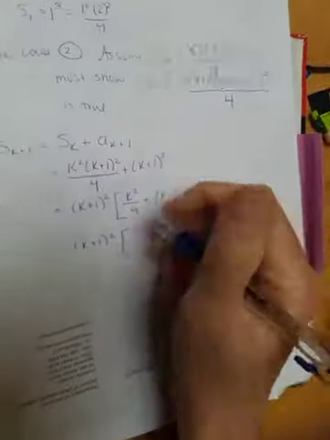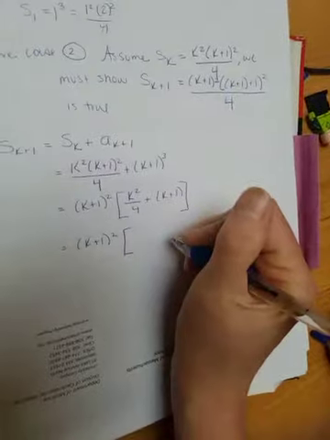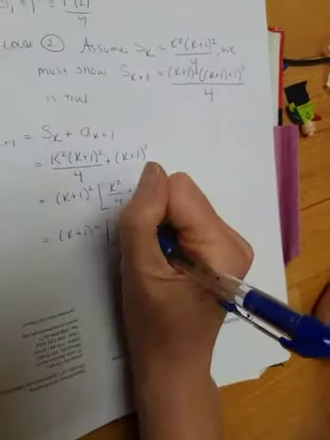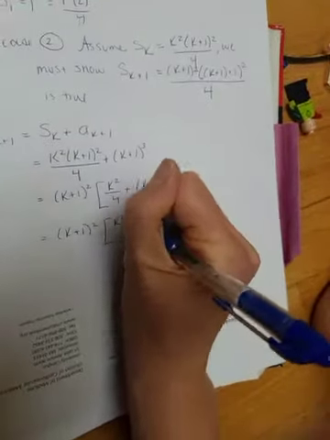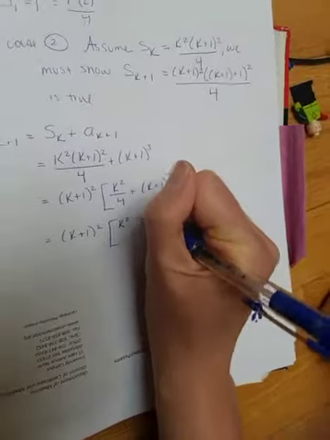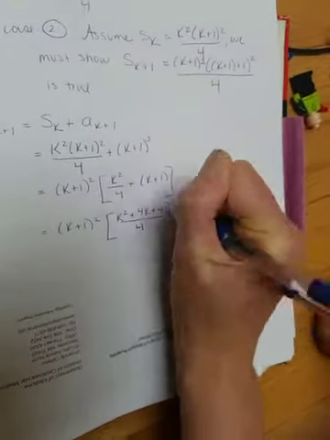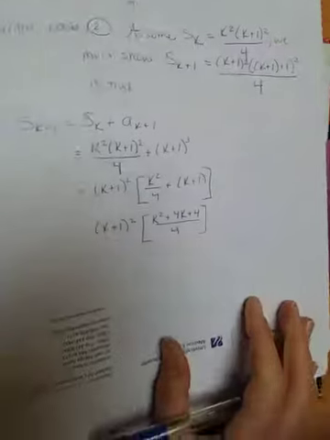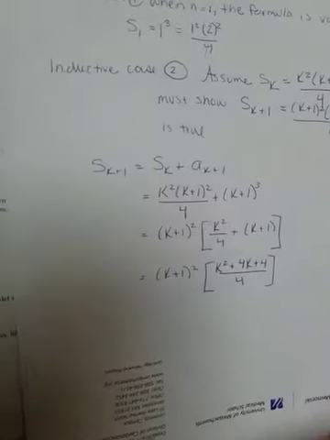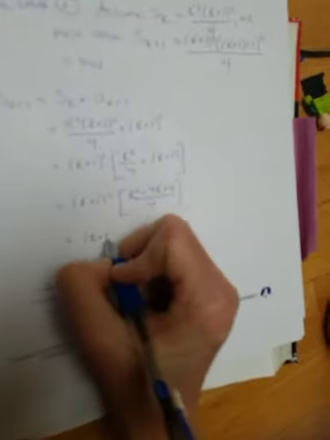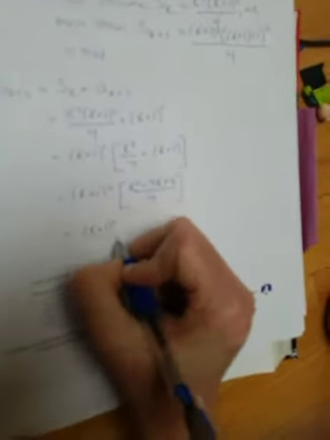You can make the leap with me to see that this would be k squared plus, if I multiplied this by 4, that would be 4k plus 4 all over 4. That's just getting a common denominator and then distributing the 4 in. Okay, so these are technically two fractions, so I can bring the k plus 1 squared into the numerator.